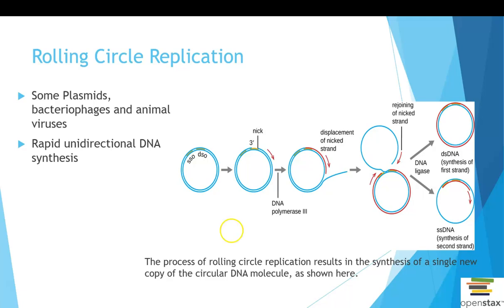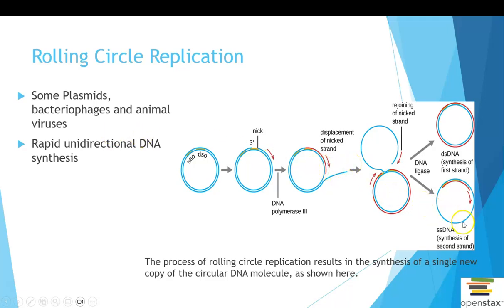This DNA can do replication, for example the plasmid, completely separately from the genomic DNA, and these circular DNA viruses can actually use rolling circle replication to make new strands.